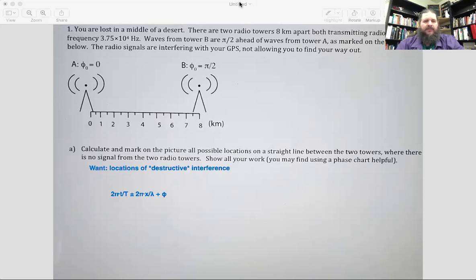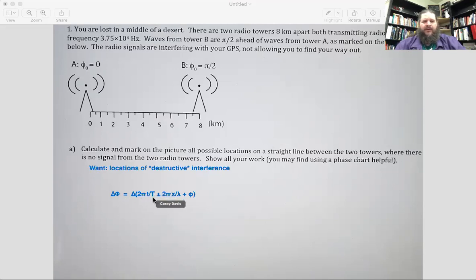Let me pull that up. So total phase is this whole thing, everything inside the sine function. But if what we care about is the difference, like how are the two waves the same total phase or different total phase, let's apply a delta to that whole thing. And we could split out that delta into the individual pieces.